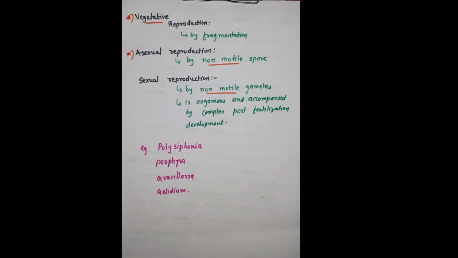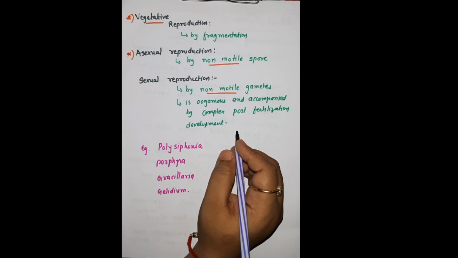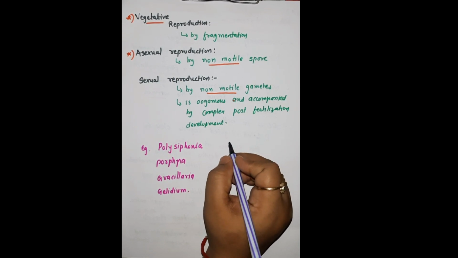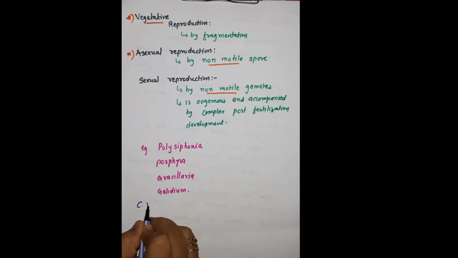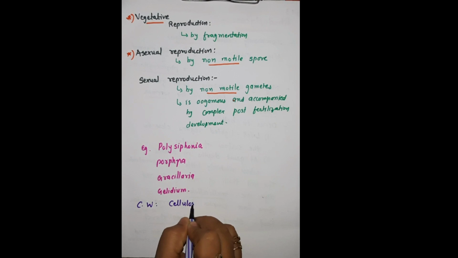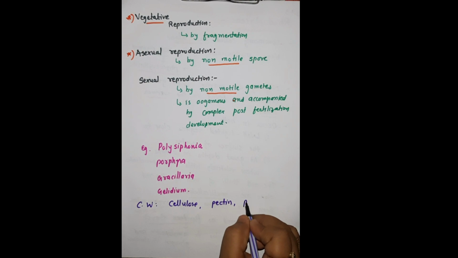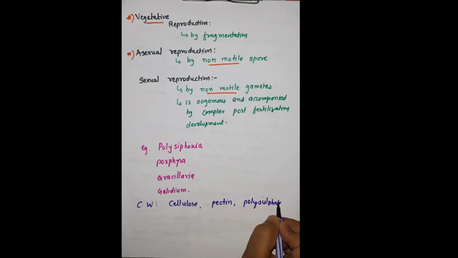Okay, so remember, here flagella are absent, and the main pigment is phycoerythrin. Storage of food is in Floridian starch, and the cell wall is made up of cellulose, pectin, polysulfate esters.